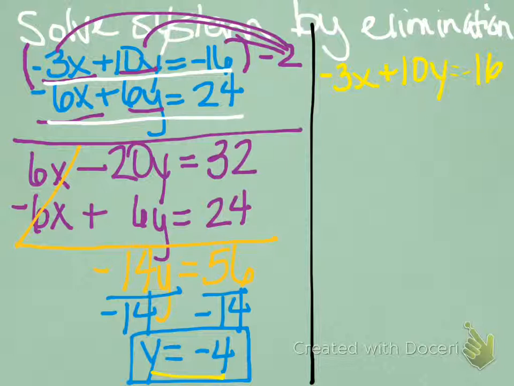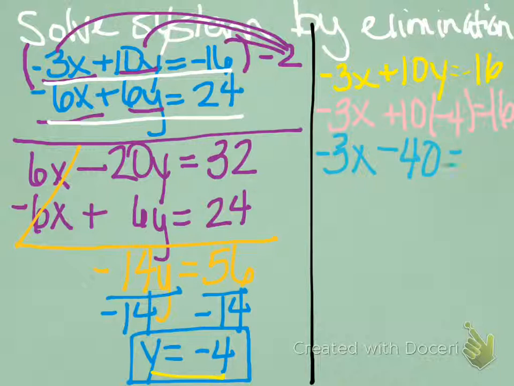Once I do that, I will have negative 3x plus 10 times negative 4 equals negative 16. Alright, now I've got to multiply. So negative 3x. Now we got 10 times the negative 4. So that'll give us negative 40 equals negative 16.